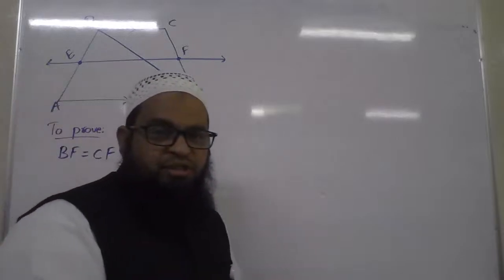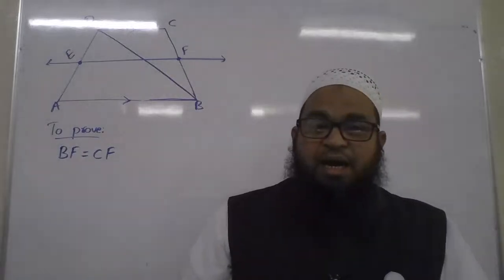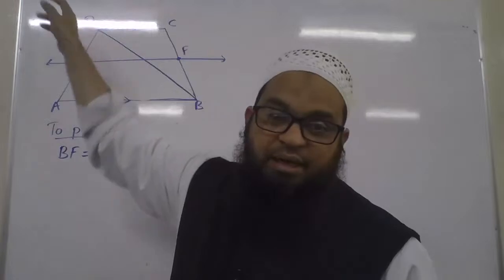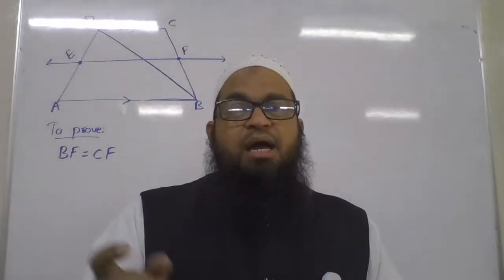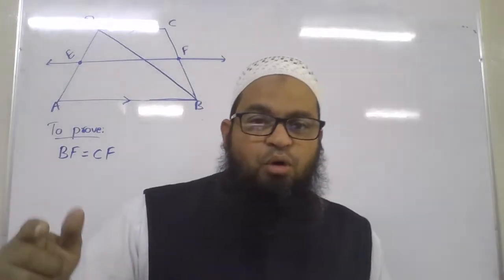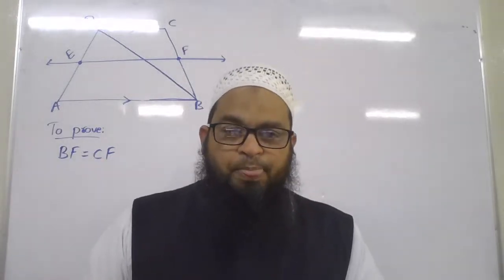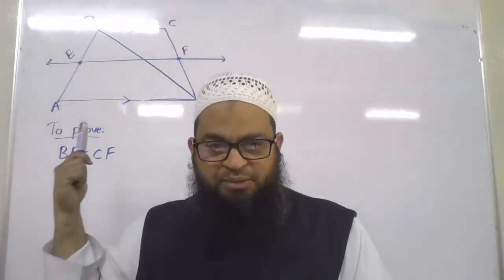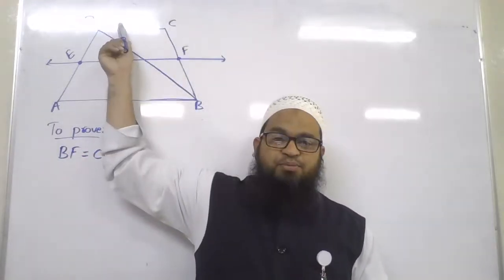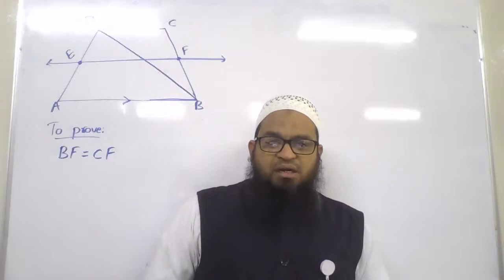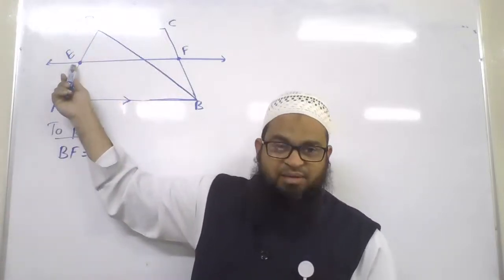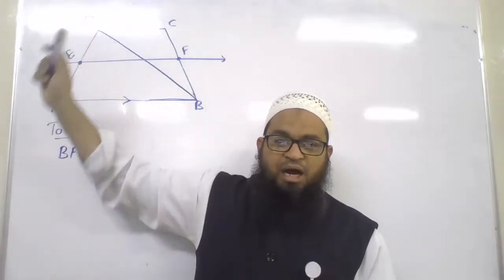Now understood the question? See, I have seen only these 4 points A, B, C, D, and then read the problem and drawn the rest of the figure. This is what you people are also supposed to do. ABCD is a trapezium in which AB is parallel to DC, BD is a diagonal, and E is the midpoint of AD.